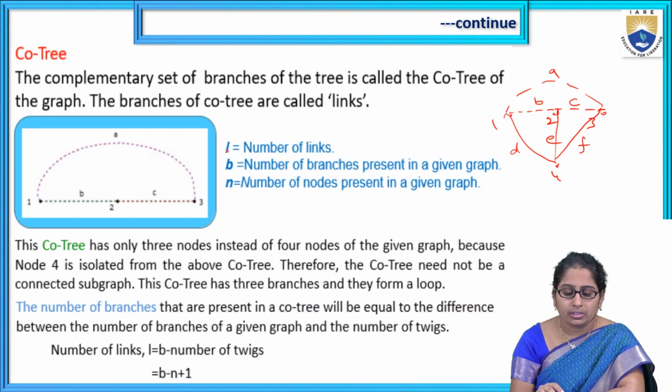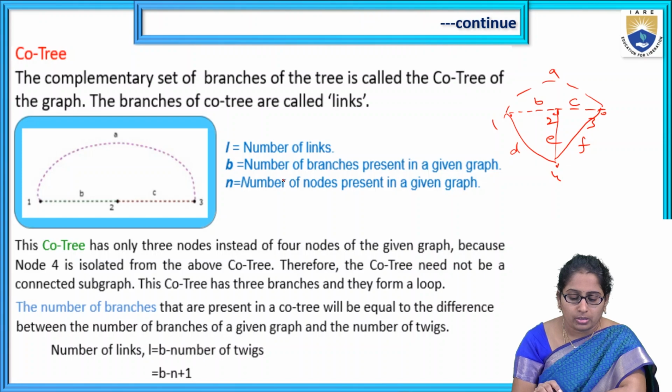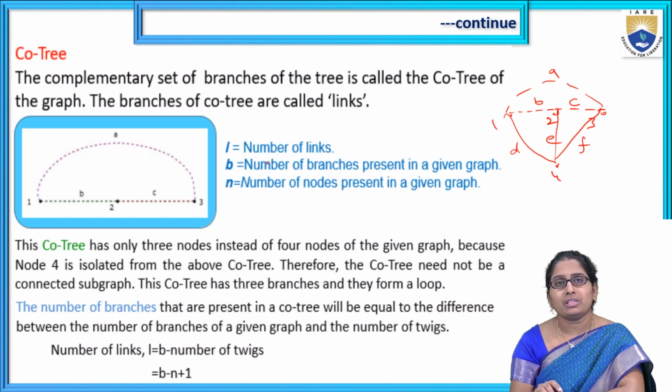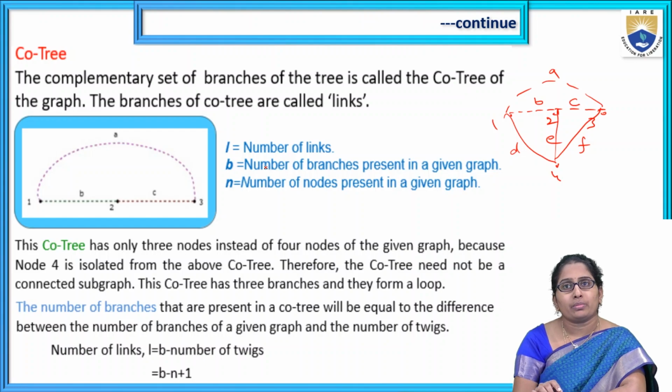Small l is used to represent the number of links, small b represents the number of branches present in the given graph, and small n represents the number of nodes present in the given graph. That is how notation is used.